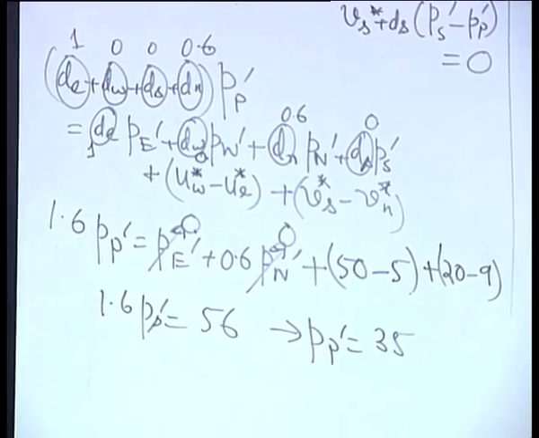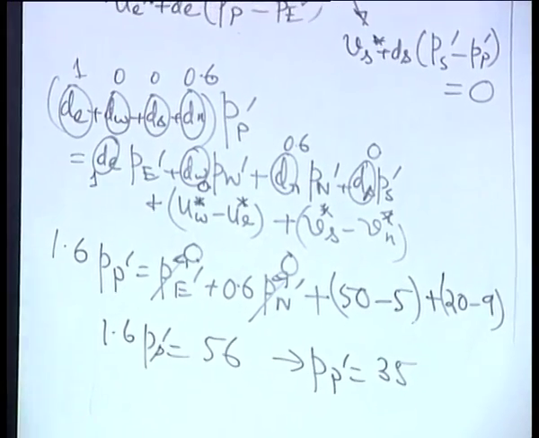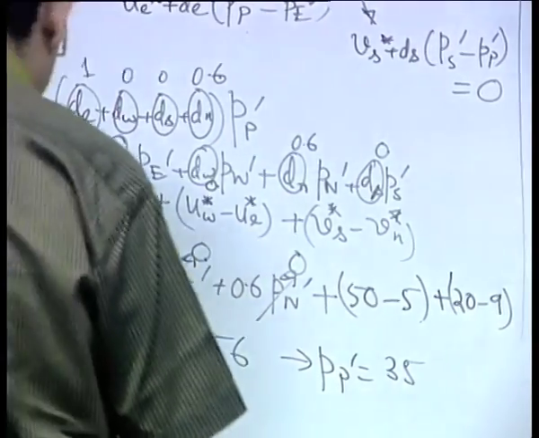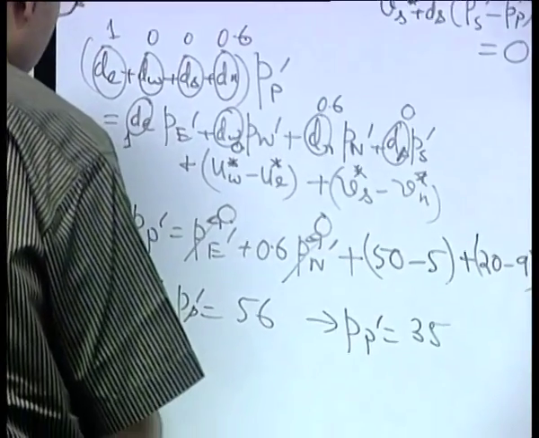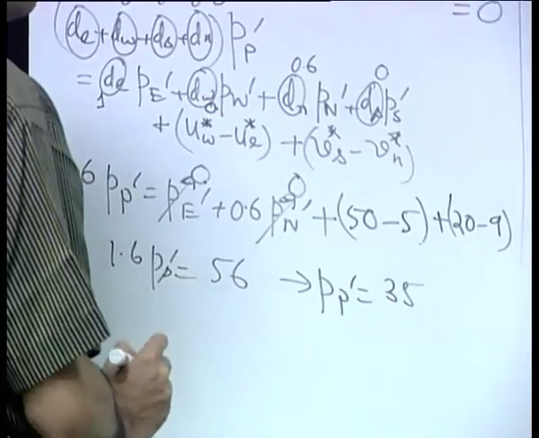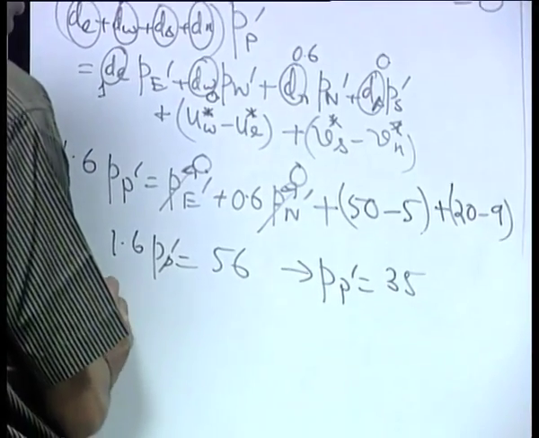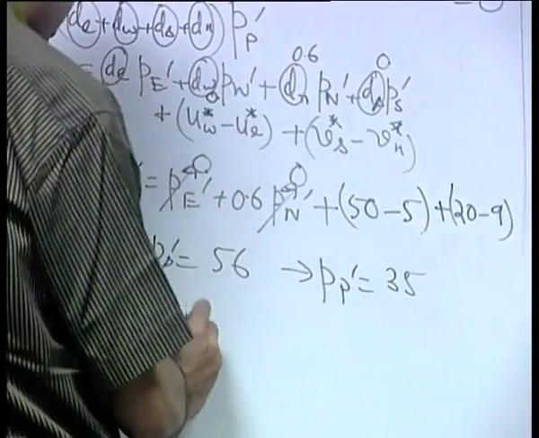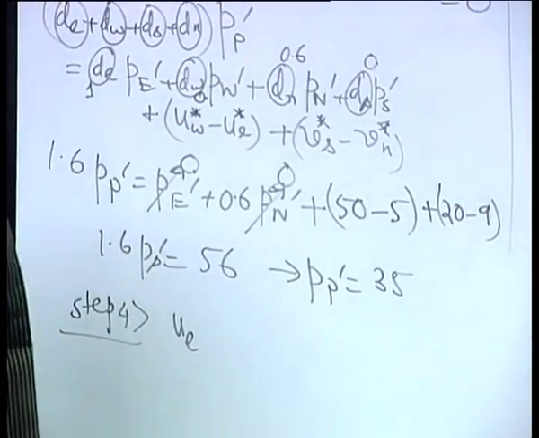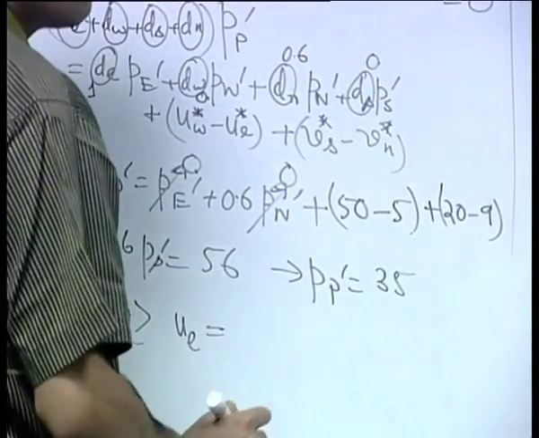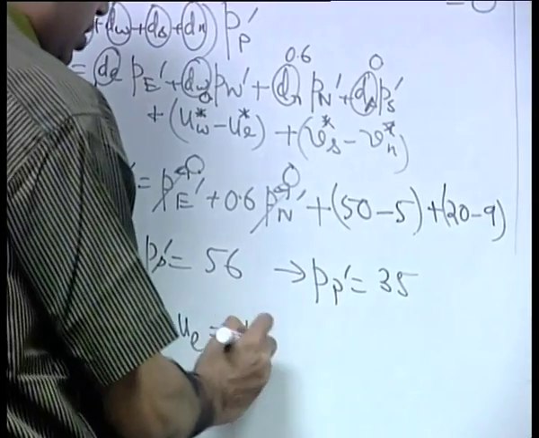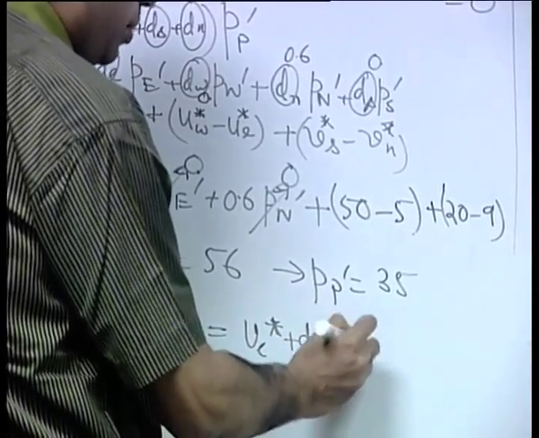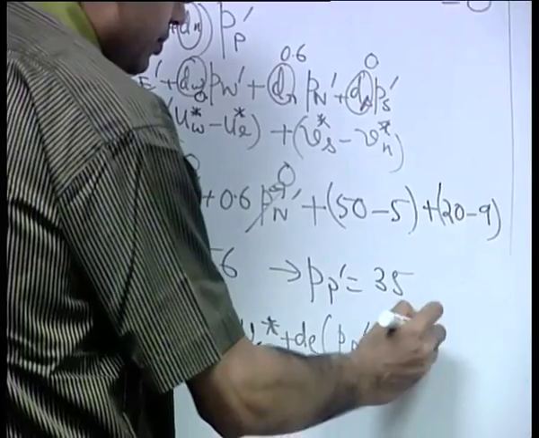So once you have calculated Pp prime, what will be the next step? Step 4: UE is equal to UE star plus dE into Pp prime minus Pe prime.